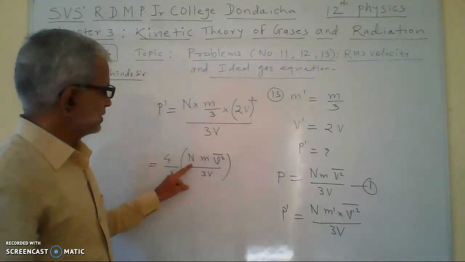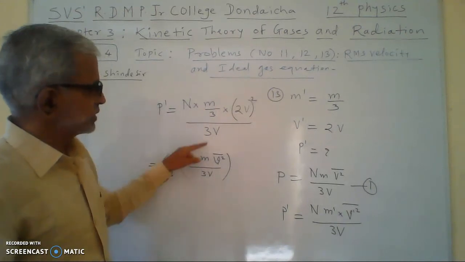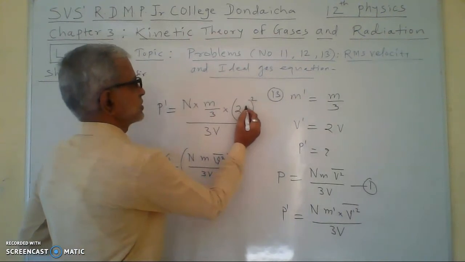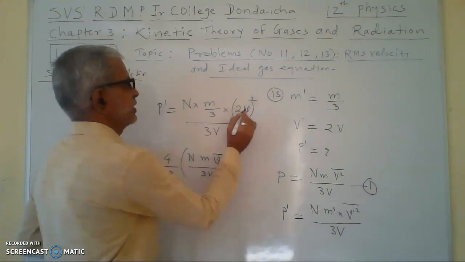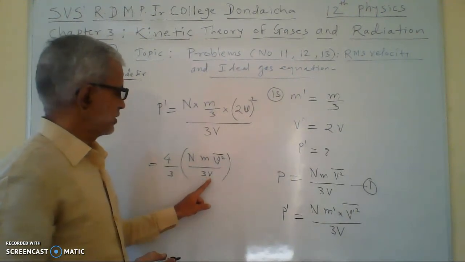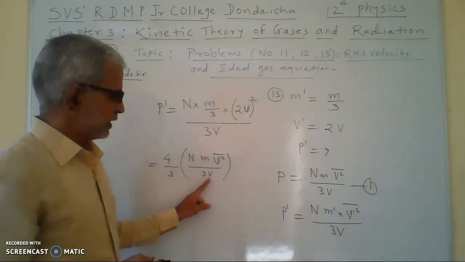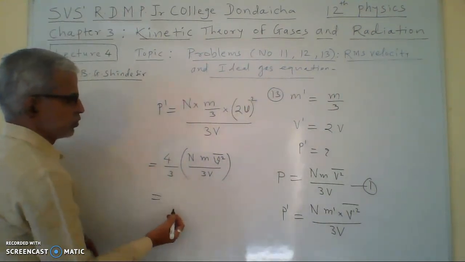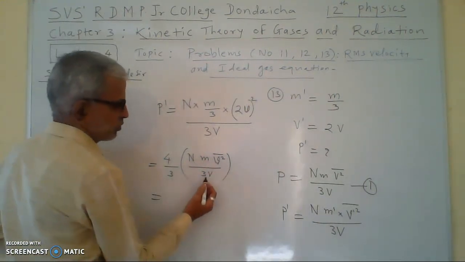N as it is, m as it is, then v square bar, velocity, and it is divided by 3V, volume. So this is equal to n m v square bar upon 3V.